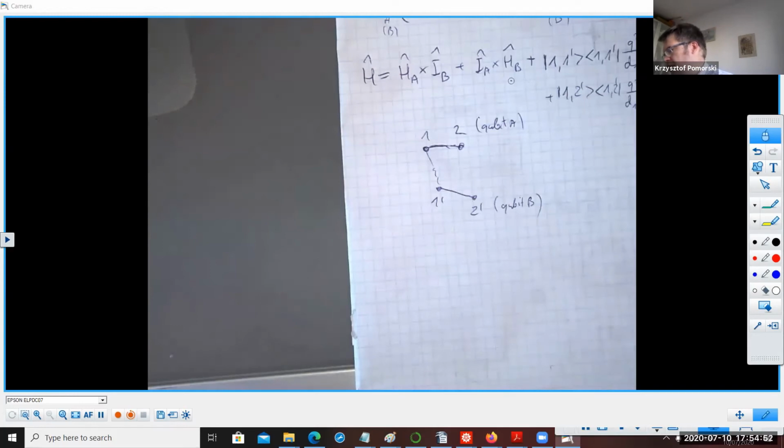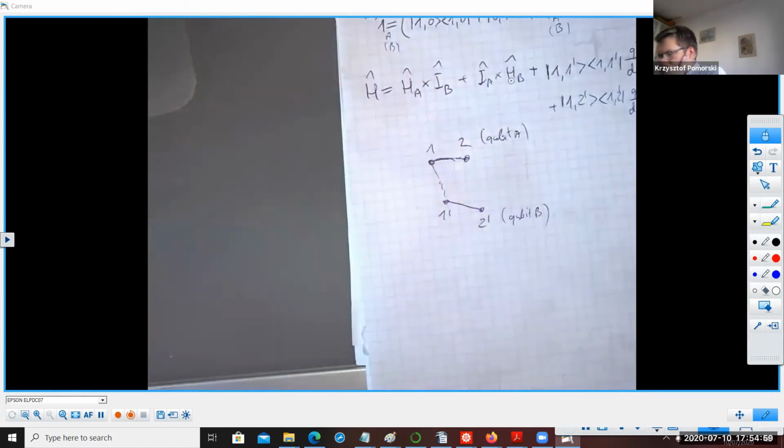And now you can imagine that there will be a change. It's very interesting to see that during this evolution, we have two energy level systems.